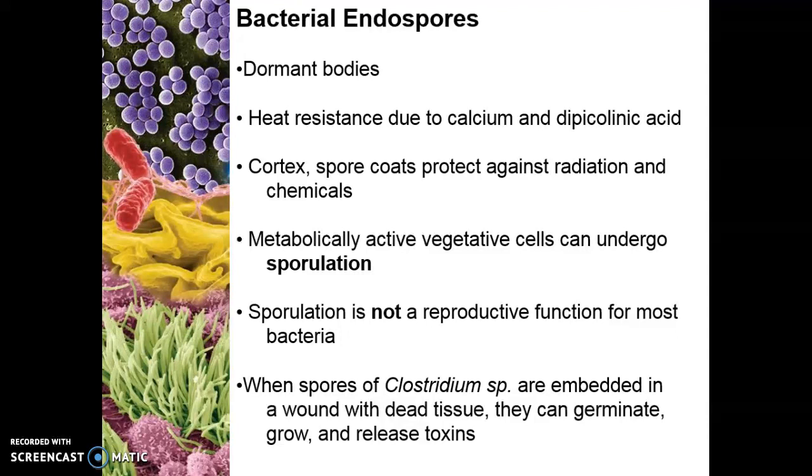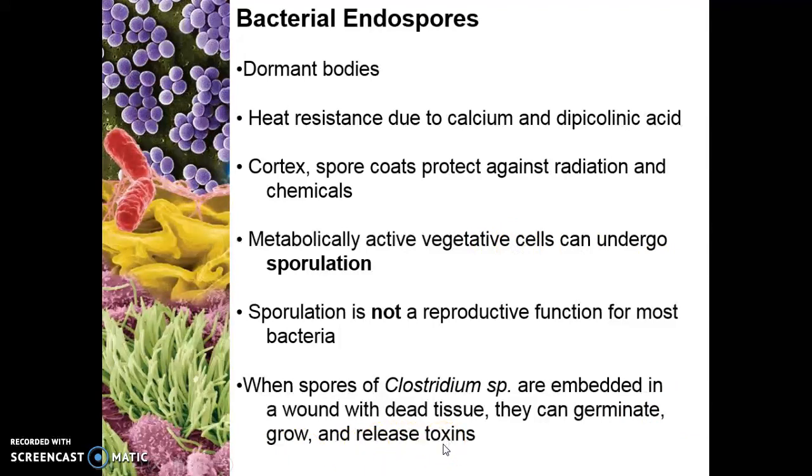Now, when these endospores, all right, see here it says spores, and that could be misleading. It really should say endospore. When the endospore of, say, Clostridium are embedded into a wound, and really a wound with dead tissue, the endospores can then germinate, move back to a metabolically active vegetative cell, grow and release toxins.